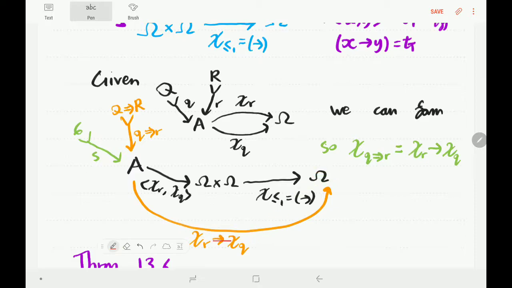So which subobject does that classify? It turns out to classify this one, which we call Q implies R, or Q double arrow R.